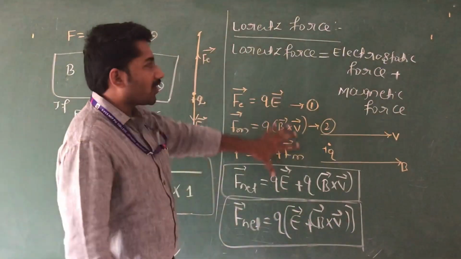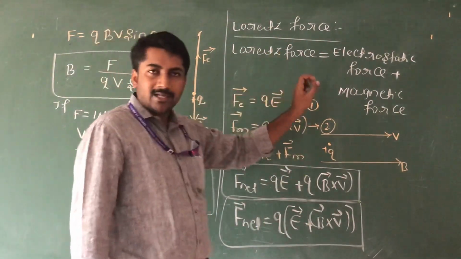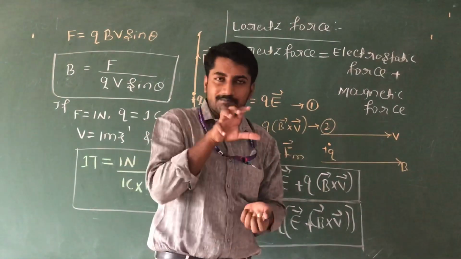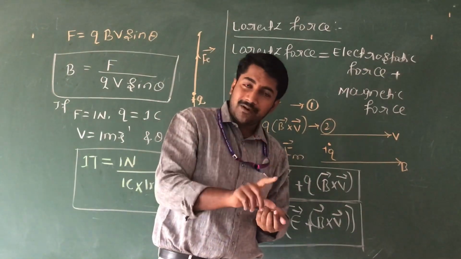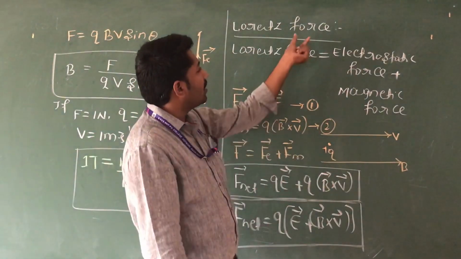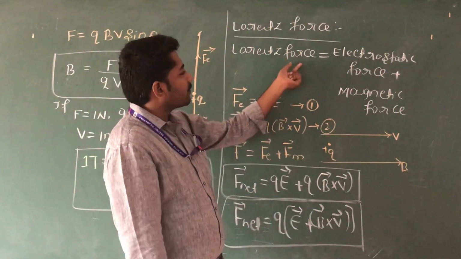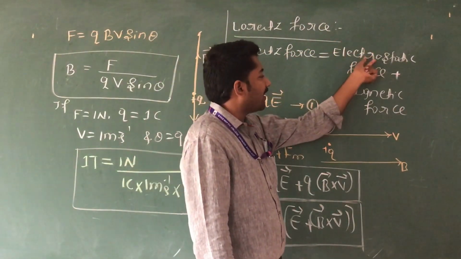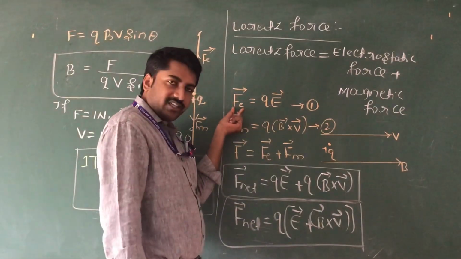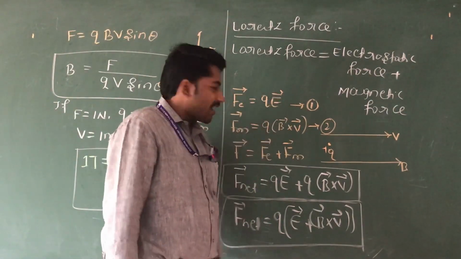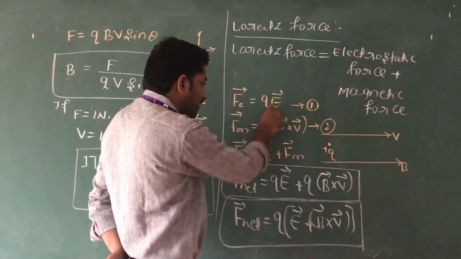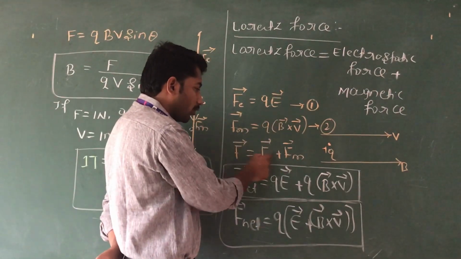This is about Lorentz force. Lorentz force is the force experienced by moving charged particles in the region where both electric field and magnetic field exist. The Lorentz force is the combination of electrostatic force plus magnetic force. The electrostatic force equation is Fe is equal to Q into E, and the magnetic force equation is Fm is equal to Q into B cross V. Combining these two equations, we get F is equal to Fe plus Fm.